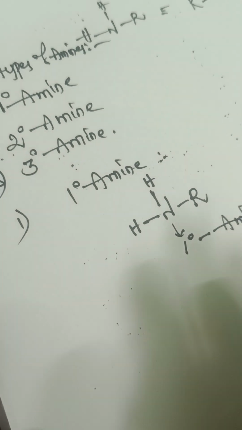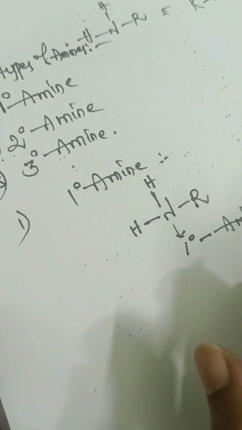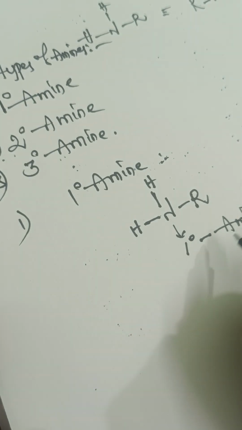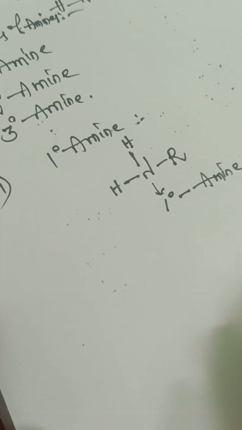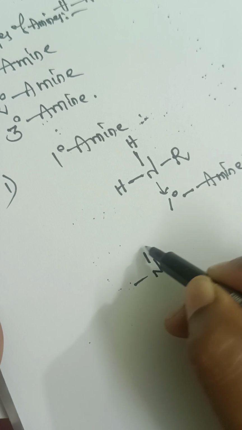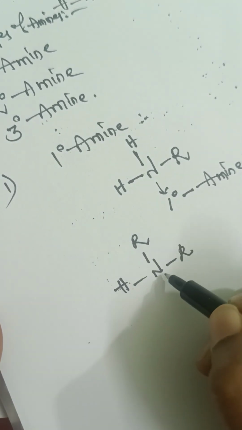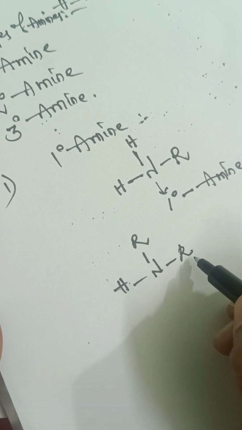Based on the number of alkyl groups attached to the nitrogen, if one alkyl group is attached, it will be termed primary. If there are 2 alkyl groups, that means alkyl, alkyl and one hydrogen, this nitrogen is attached to 2 alkyl groups.